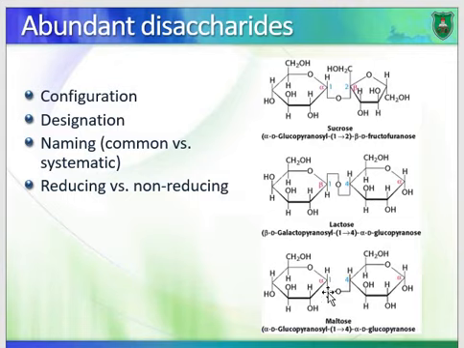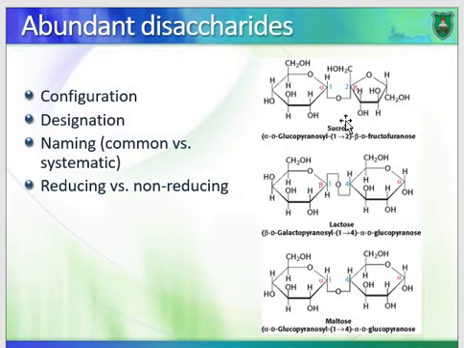It has this OH consumed in the bond, but the OH of the second residue is still there, so it can get oxidized. That's why this sugar is a reducing sugar. So they're all reducing except saccharose, and all the monosaccharides are actually reducing.